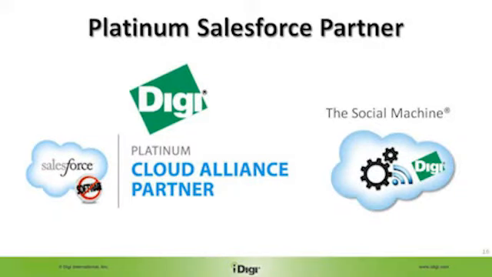We'll start with Salesforce. With the Etherios acquisition, Digi becomes a Salesforce Platinum partner, and our collective product, Social Machine, is going to hook devices into the whole corporate information infrastructure. This makes them a key player in conversations. That's why we're calling them the social machines.